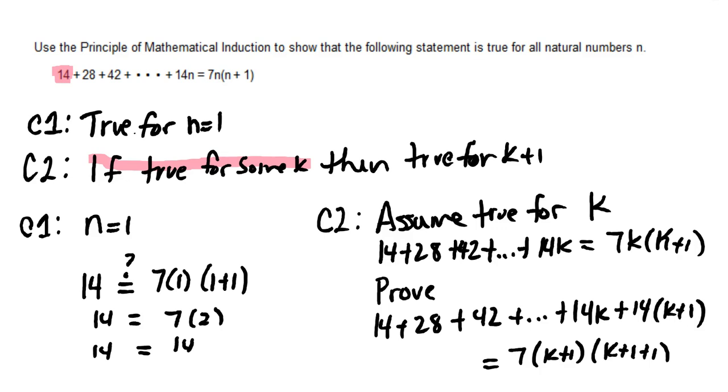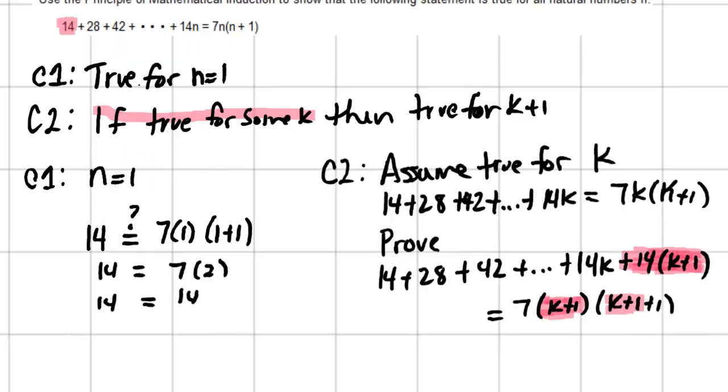So the statement that I'm trying to prove goes one more term in the sequence on the left, and on the right, instead of k, I use k plus 1 here, and instead of k here, I use k plus 1. So that's the statement that I'm trying to prove.